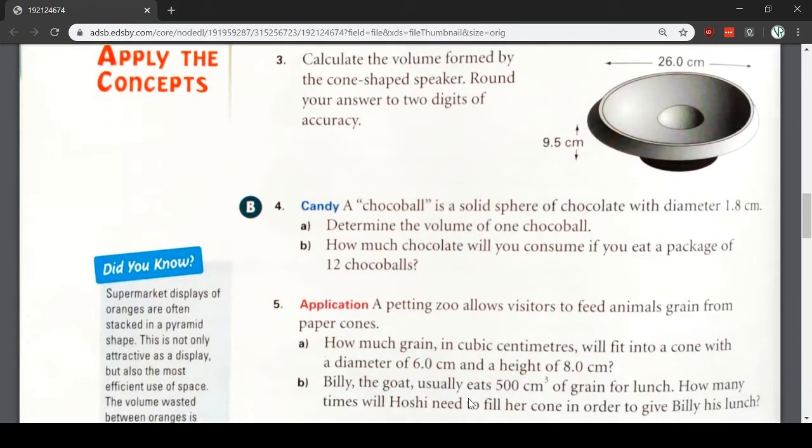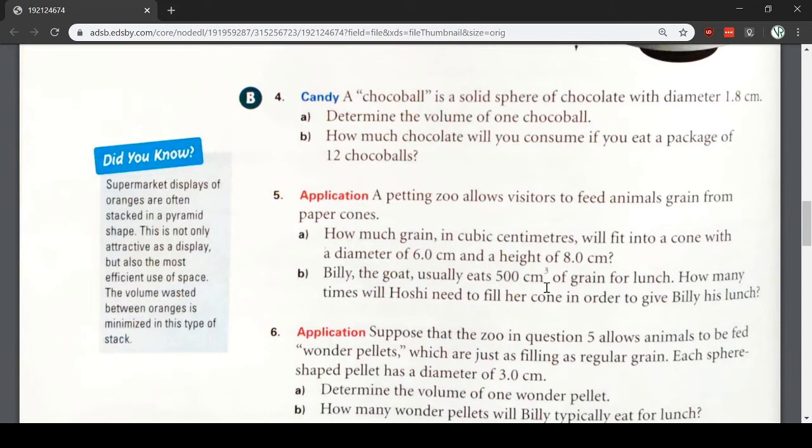Number 4, we have a choco ball. It is a solid sphere of chocolate with a diameter of 1.8 centimeters. Determine the volume of one choco ball, and then how much chocolate will you consume if you eat a package of 12 choco balls.